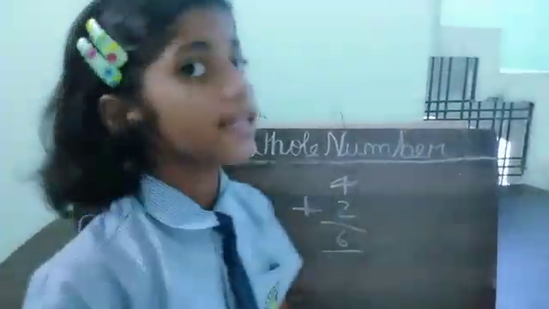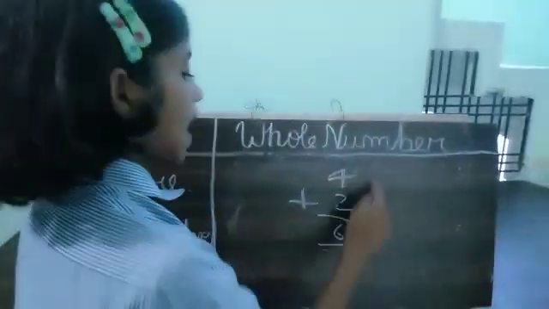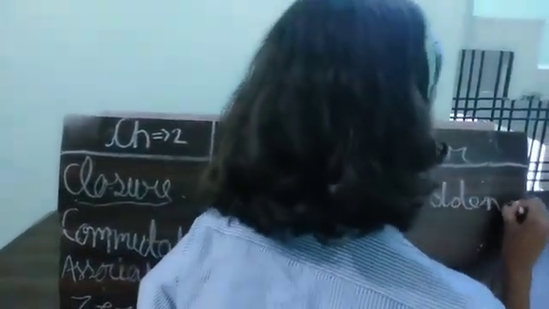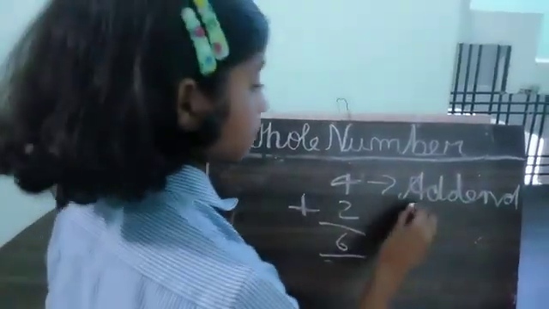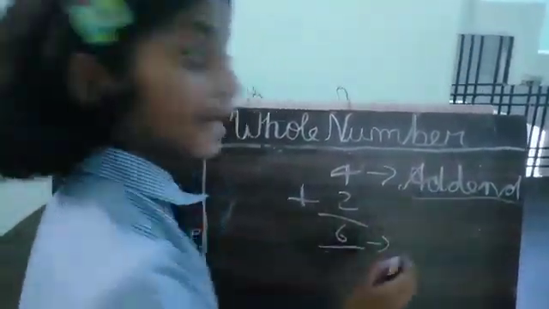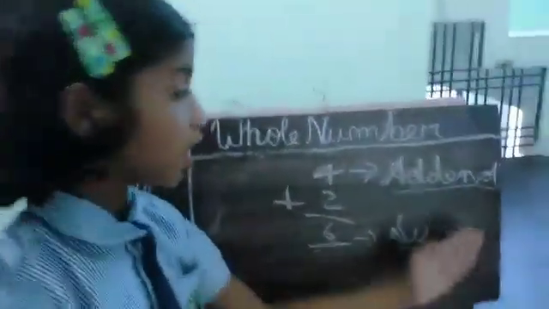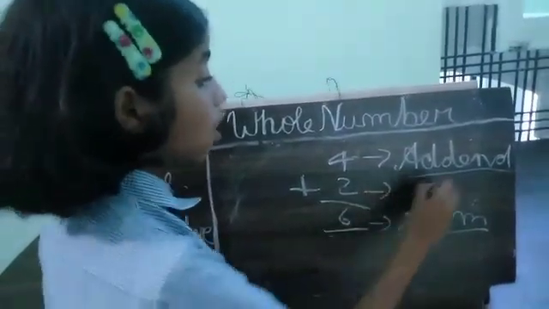There are mainly two main parts of addition. First, adding. Second, sum. These are the two main parts of addition. This is also adding.